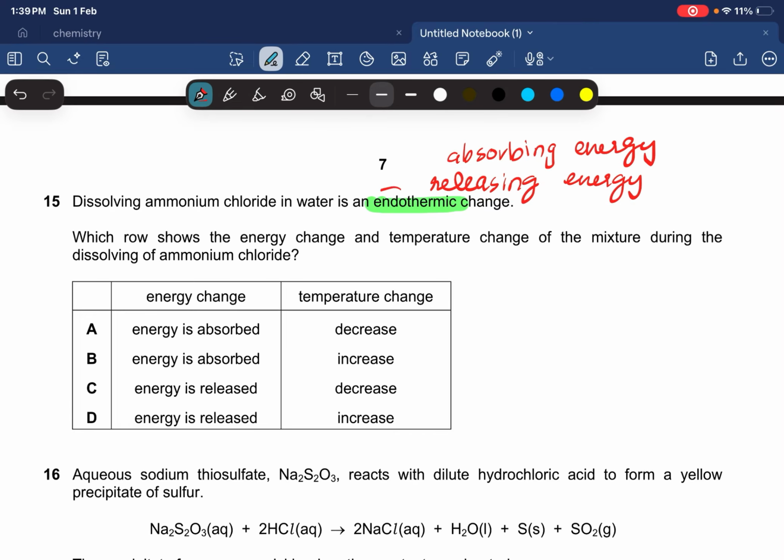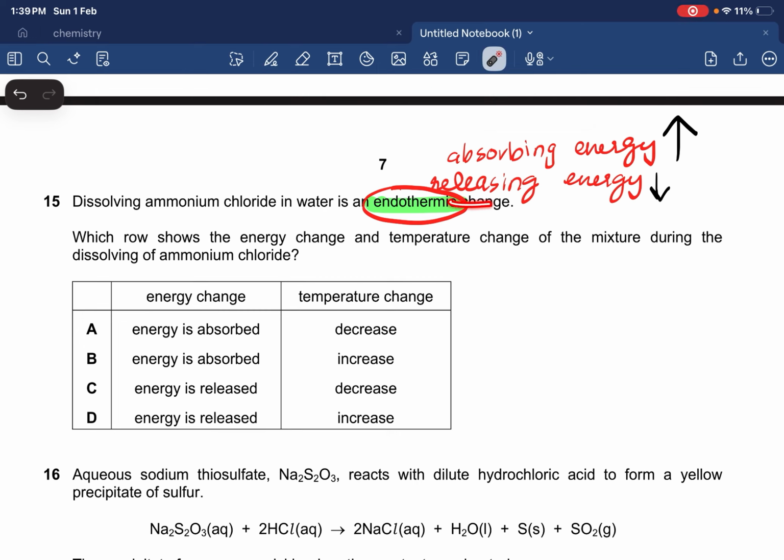But in an endothermic change, the only difference is that you absorb more energy than you release. You release less energy, you absorb more energy, right? But it does not mean that you don't release any energy. You do, but the energy that you absorb is greater. Which row shows the energy change and the temperature change of the mixture during dissolving of ammonium chloride?